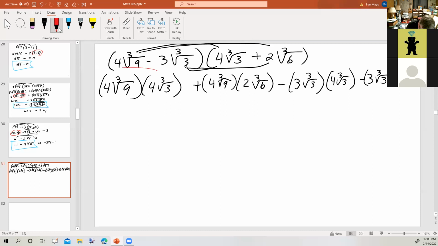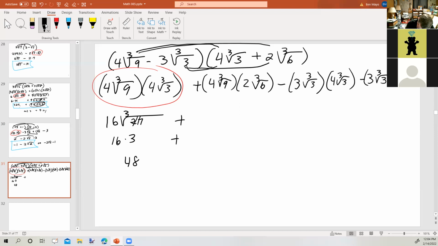This is 4 times 4, 16. Cube roots of 9 times 3 is 27. But the cube root of 27 is 3 times the 16 outside gives us 48. Any questions about that? Okay. This gives us 4 times 2 is 8.